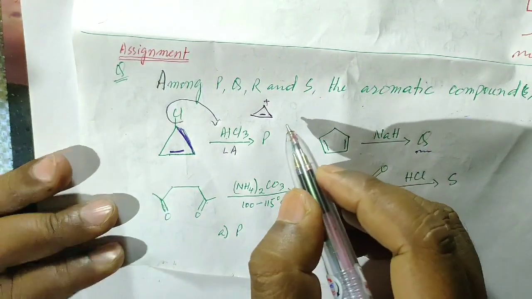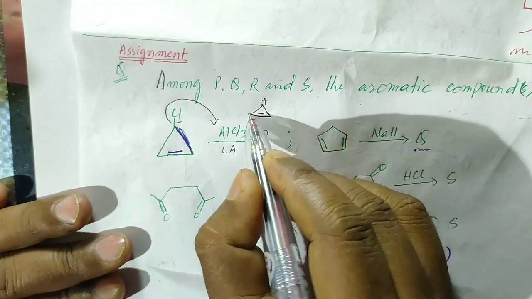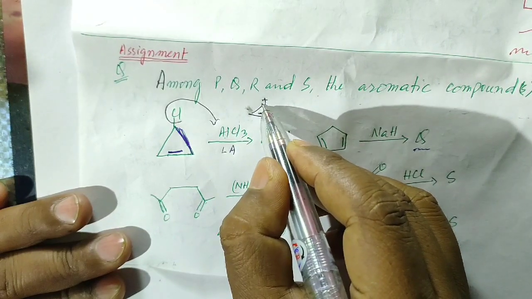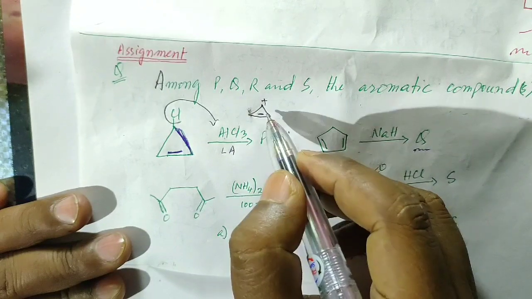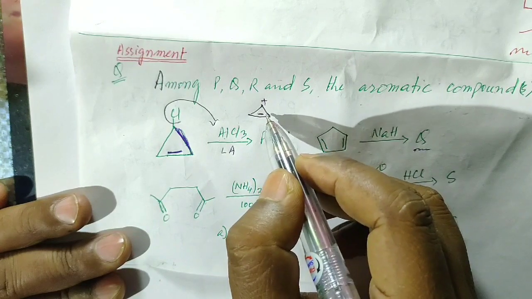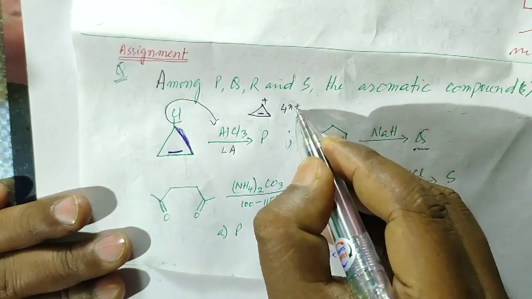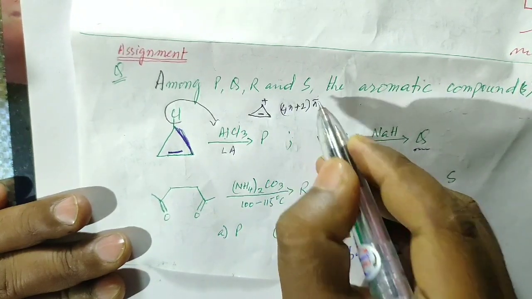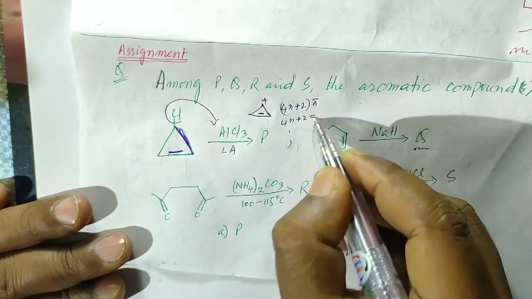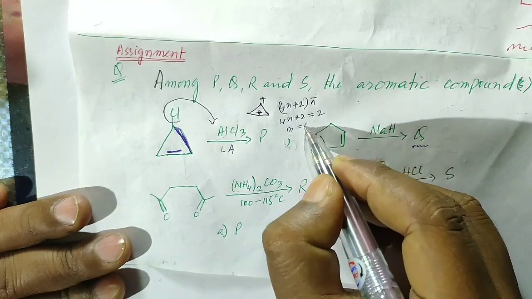intermediate. So this follows Huckel's rule, because this carbon atom is sp2 hybridized, this carbon is a carbocation, and carbocations are sp2 hybridized, so this structure follows Huckel's rule. Huckel's rule is 4n plus 2 pi electrons, so if we substitute, how many pi electrons here? 2, so we will get n equal to 0.